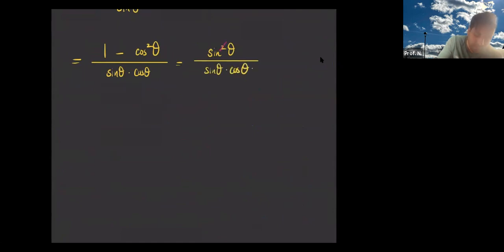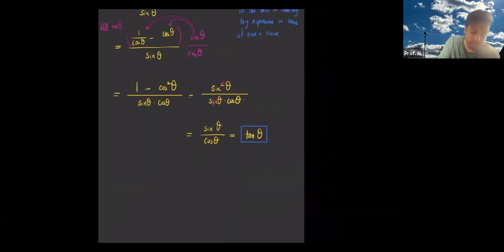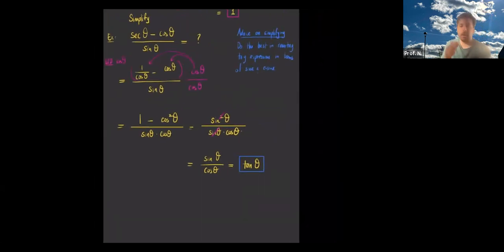And then what do I know? I can cancel out sine theta, one of them in the numerator and one of them in the denominator. And look what I get at the end. I get sine of theta over cosine theta. But what's sine of theta over cosine of theta? Tangent theta. This one took a little bit more effort because it's a more difficult, complex expression in the beginning.